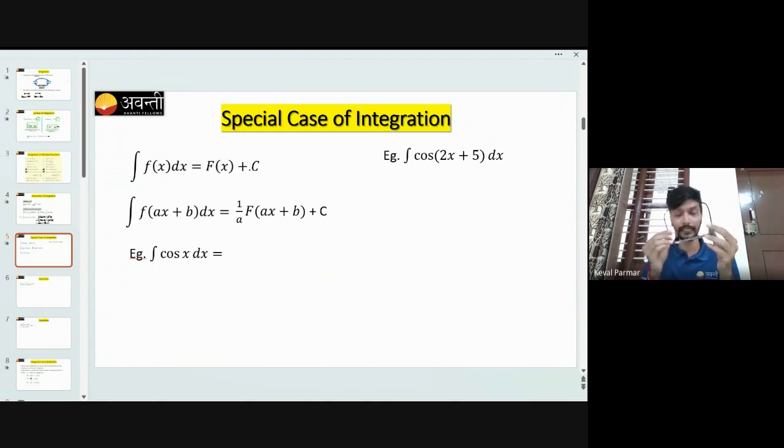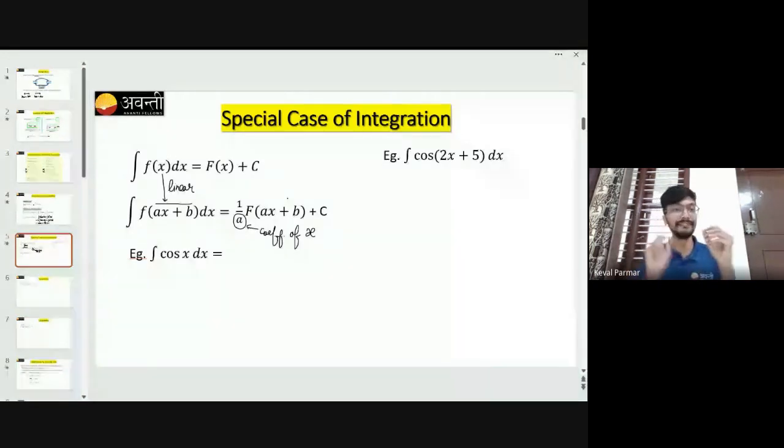If in place of x we have ax plus b, that is, if in place of x we have a linear term, then the integration will be the same, capital F of x, but we just have to divide by the coefficient of x. This is the coefficient of x.